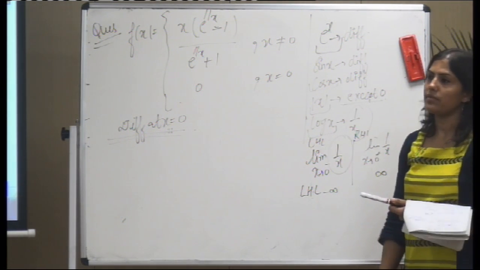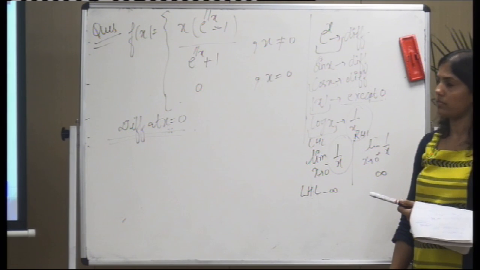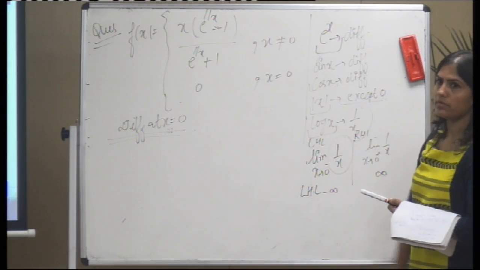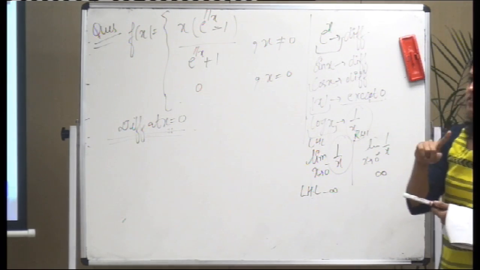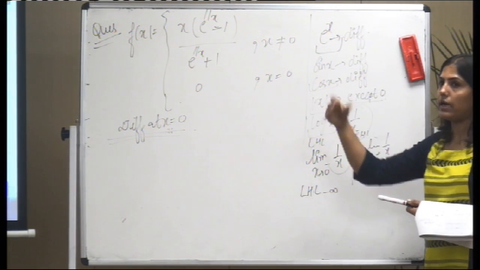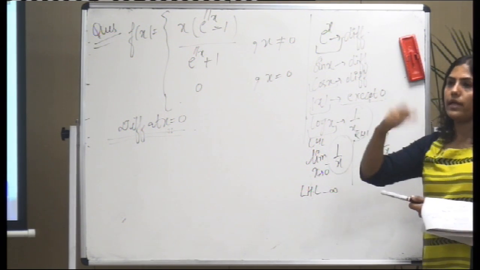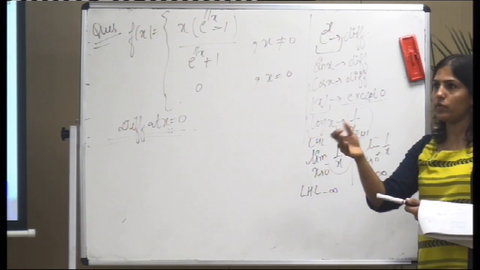When the graph of log x comes, it is continuous, it doesn't break. Yeah, I am talking about the derivative, not the log function. I checked the limit of this function only, not for that function.